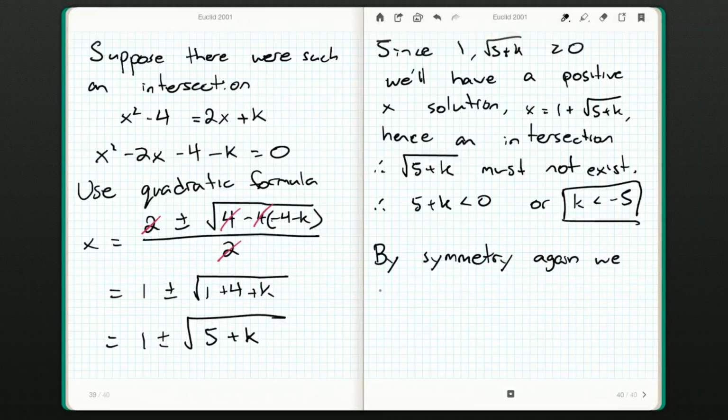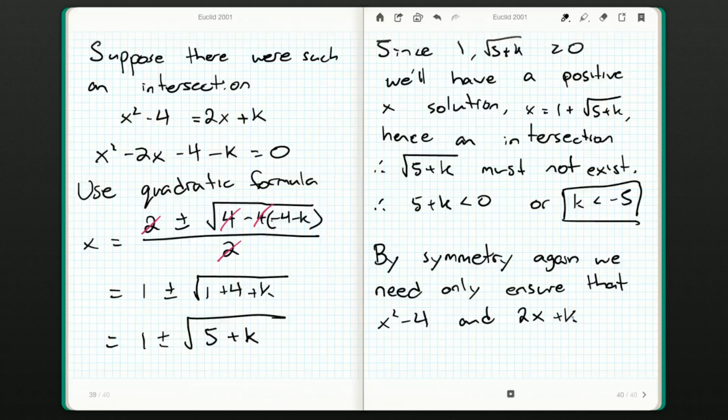So by symmetry again, we need to ensure that x squared minus 4, and we'll take the positive side again, intersect once for a positive x value.